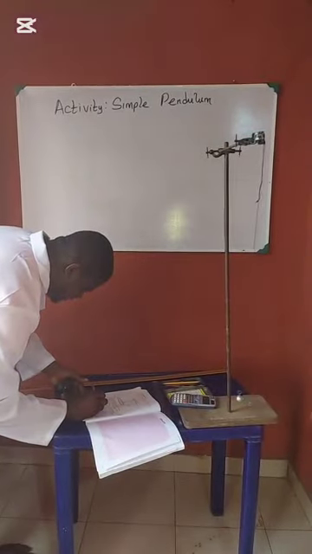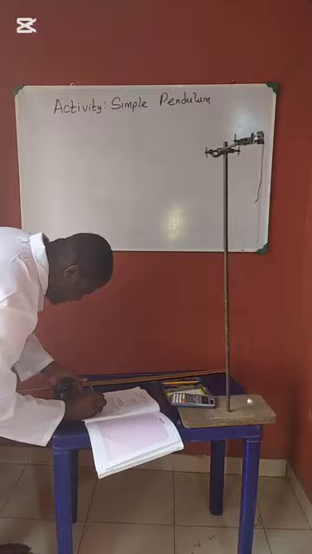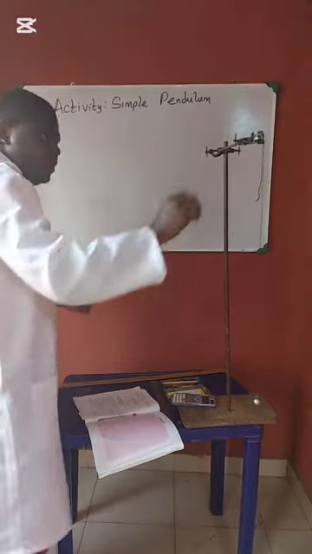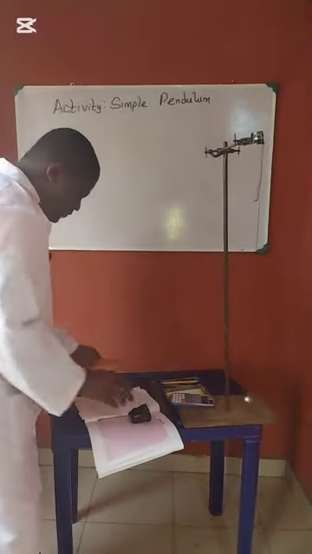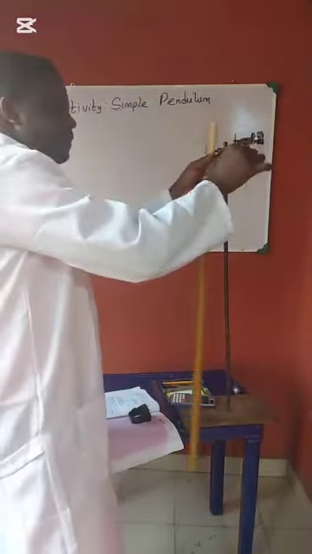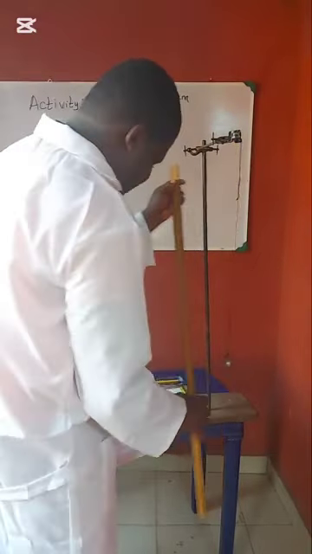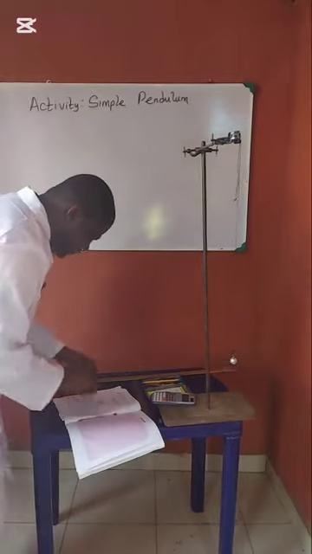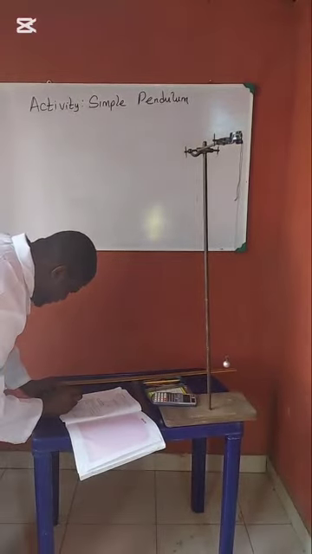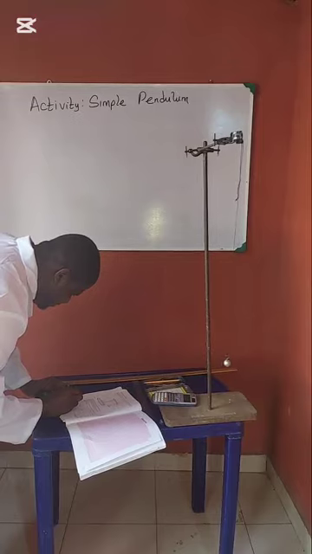So I'll write 16.75. I will adjust my rope to 60 cm. So if I measure this thread, it is equal to 60 cm. I will repeat the same process again. Right here, 60.00.